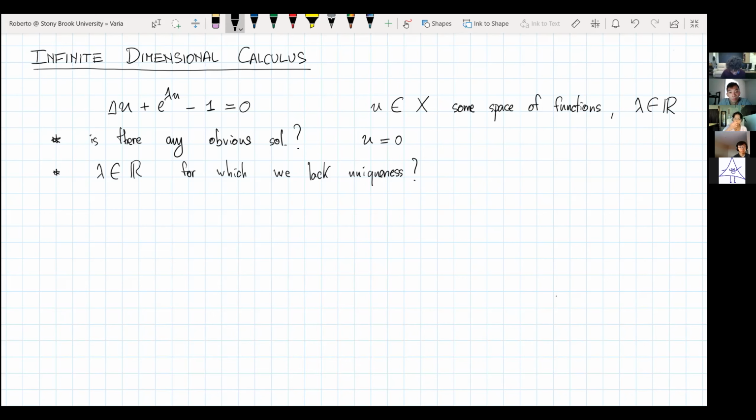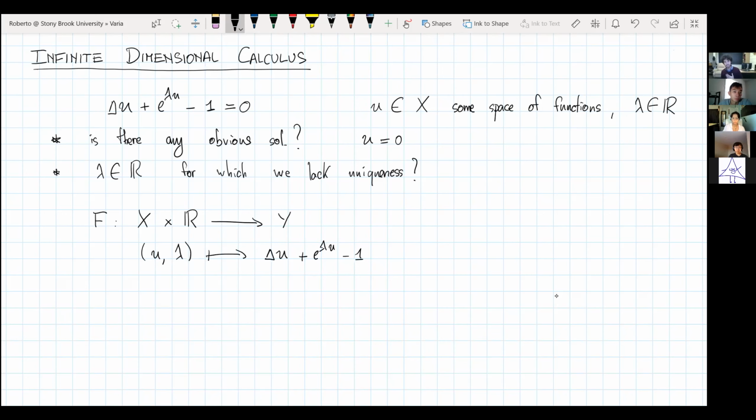So what we can do is to think of this equation as the zero set of some functional. So we have a functional from X cross R to Y, where X is our space of functions and Y is another space of functions. And we are quite free to choose what these spaces are. This functional takes (u, lambda) and sends it to Laplacian of u plus e to the lambda u minus 1.